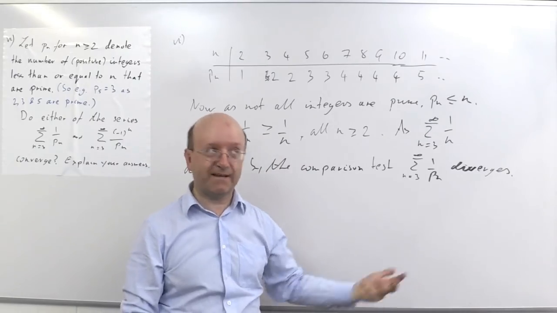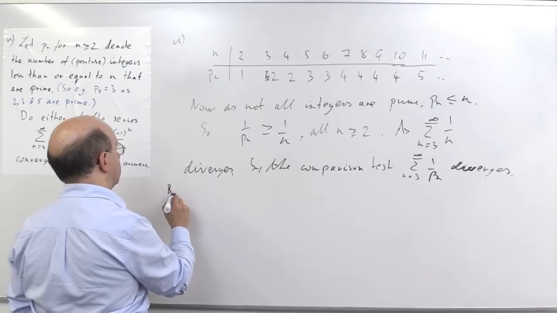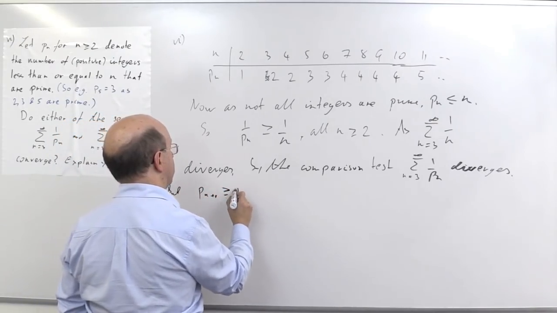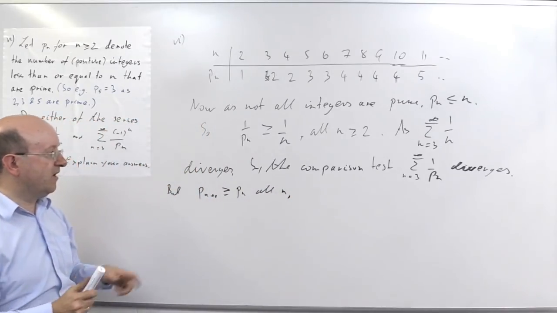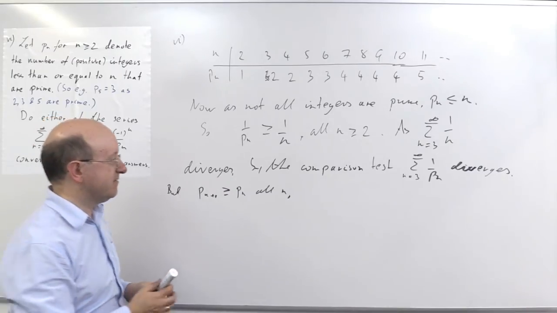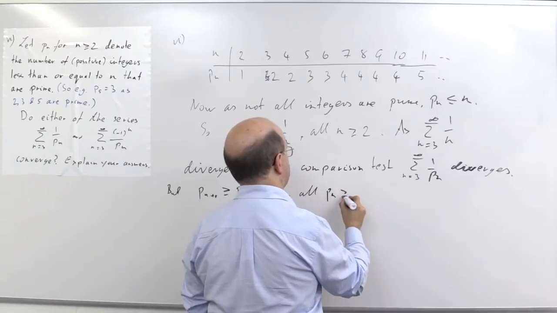If it's not a prime, you haven't. So we know that Pn plus 1 is bigger than or equal to Pn for all n. Clearly they're always positive. You might see what I'm getting to here. All Pn greater than or equal to 0.